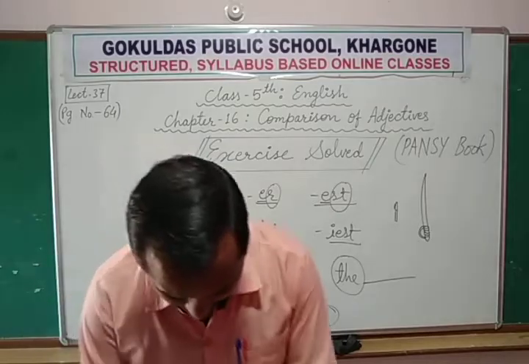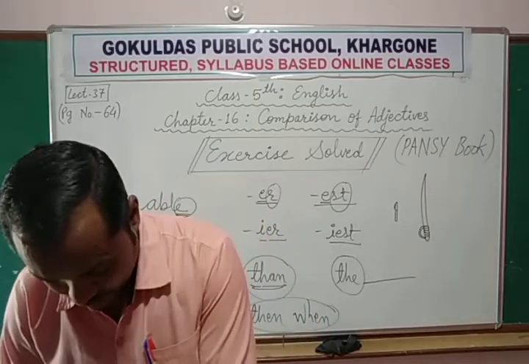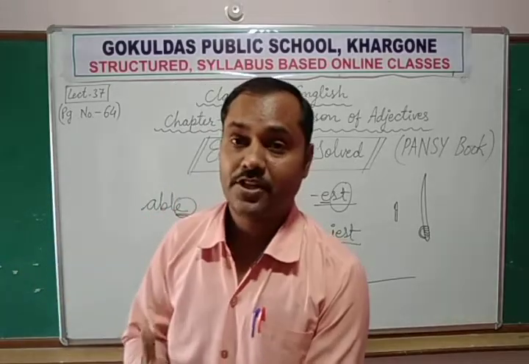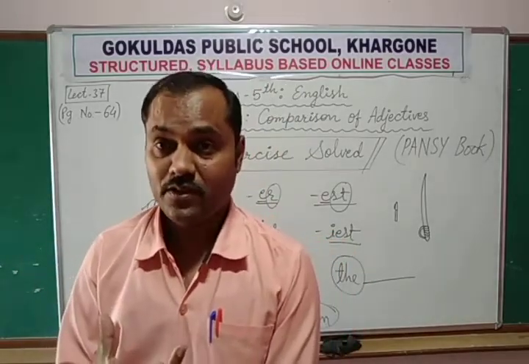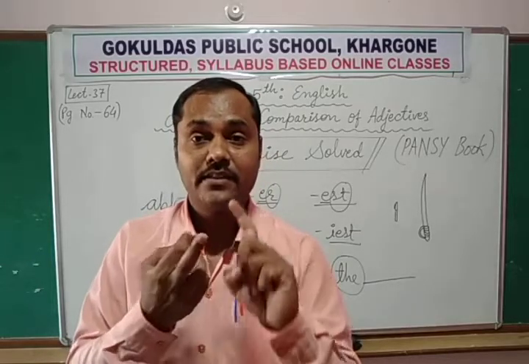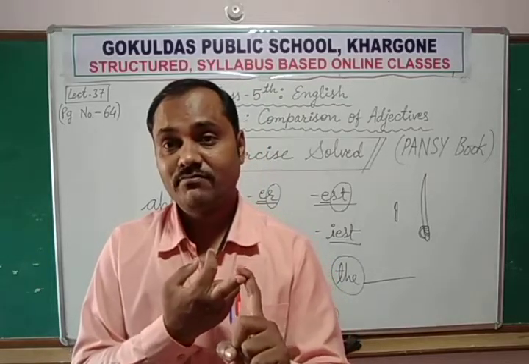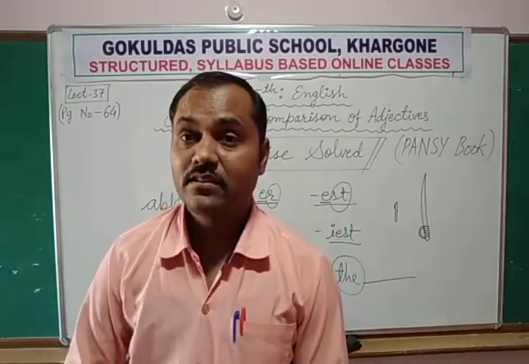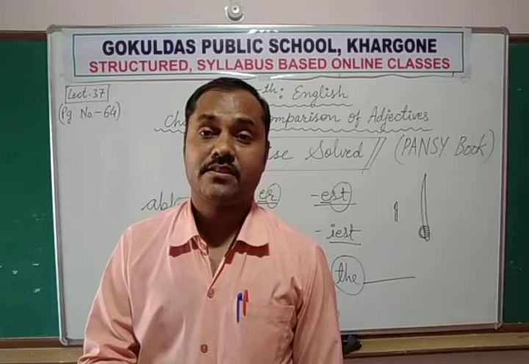Now what is the quality given here? The adjective is precious. You know what is precious? Precious means कीमती, valuable. कौन सा ज्यादा कीमती होता है? गोल्ड होता है कि सिल्वर होता है? Everybody knows that gold is more precious.